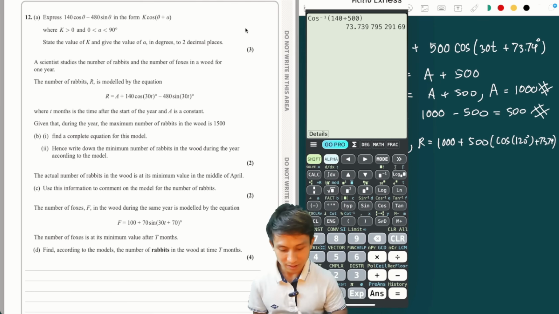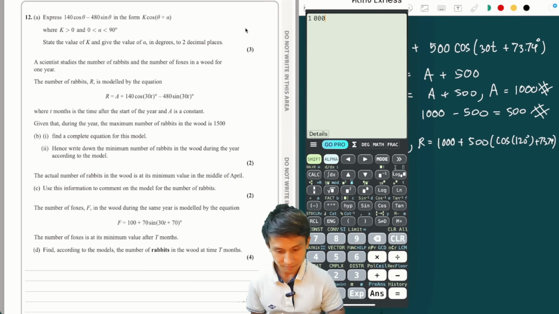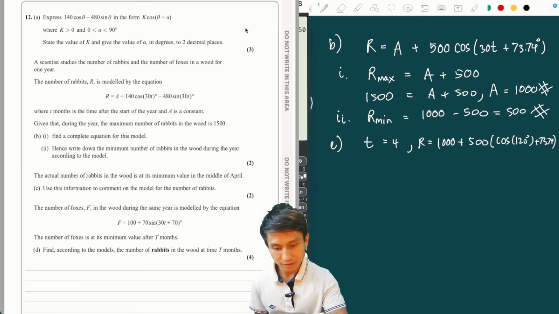I'm just going to try calculate this value first. Yeah, I didn't see that it says degrees. Oh, sorry.